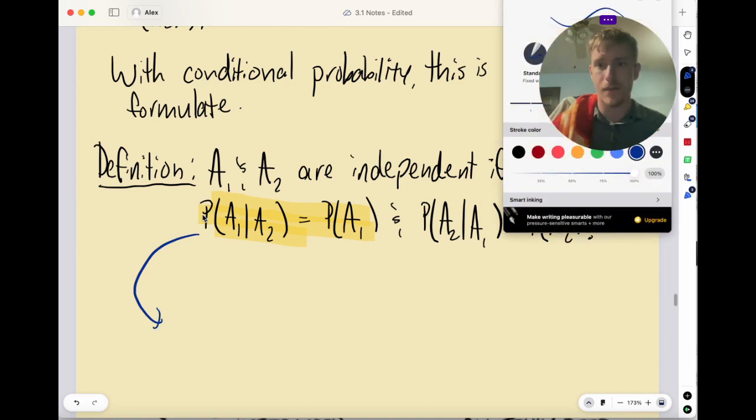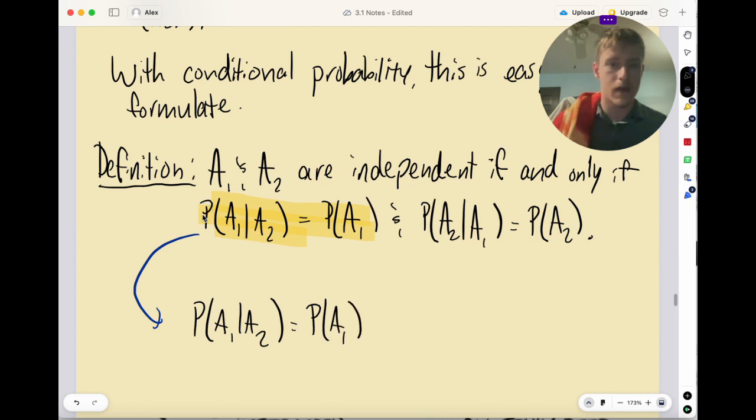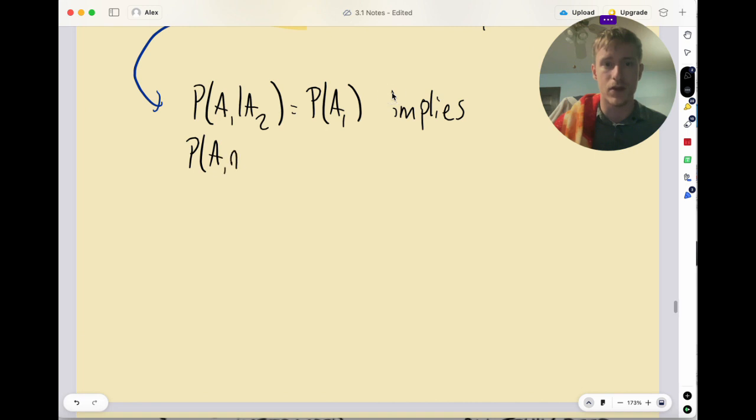If the probability of A1 given A2 is equal to the probability of A1, that implies what? Well, the definition of conditional probability, recall, is that the probability of A1 given A2 is the same thing as the probability of their intersection, all divided by the probability of A2. And that's going to equal the probability of A1.